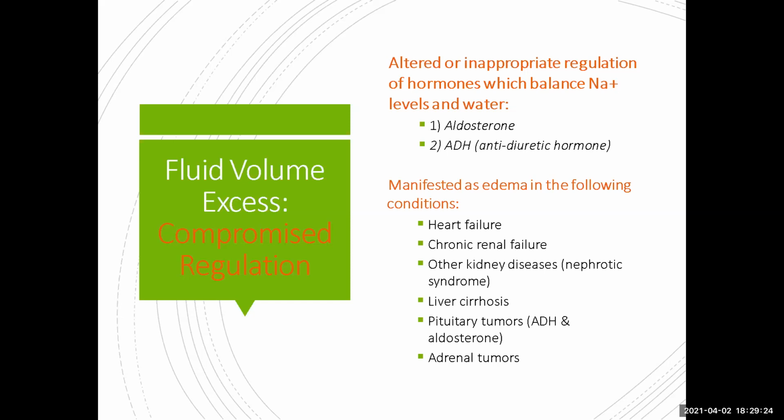The manifestation as edema, and this can translate into a person with heart failure, chronic renal failure, nephrotic syndrome or other kidney diseases, cirrhosis of the liver, pituitary tumors, and adrenal tumors.